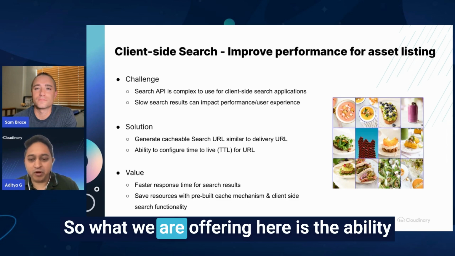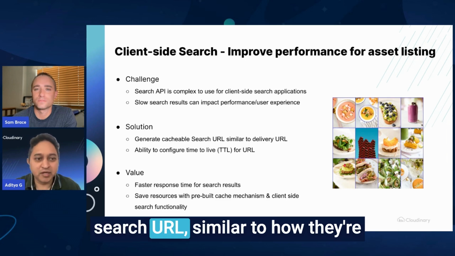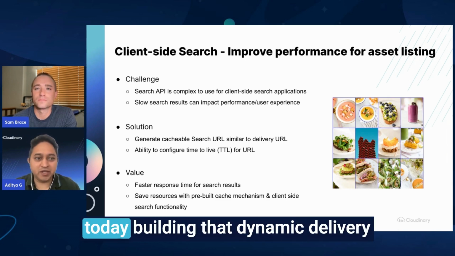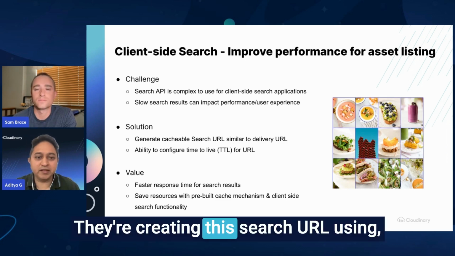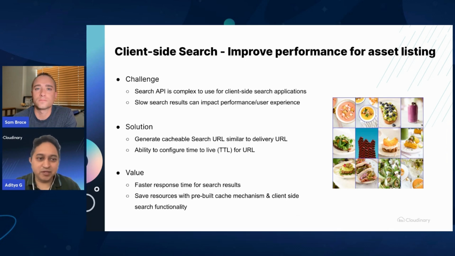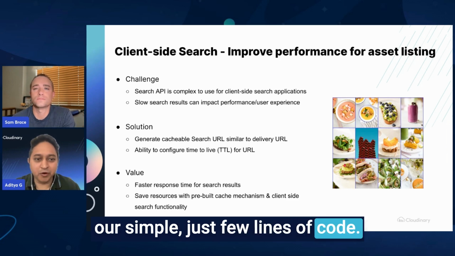So what we're offering here is the ability for developers to build a cacheable search URL, similar to how they're today building that dynamic delivery URL when delivering images or videos. They're creating this search URL using just a few lines of code.